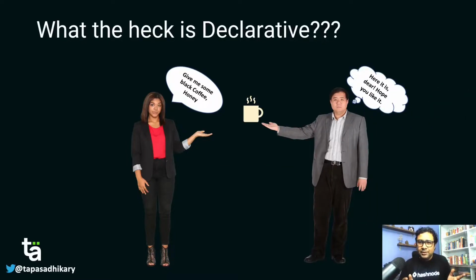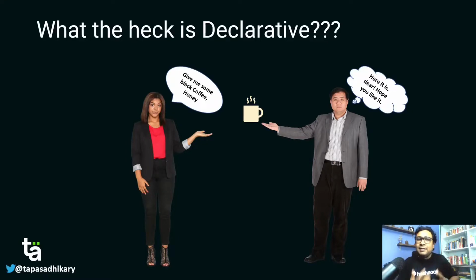Very simple story. In this entire story, Mary never explained how to make this coffee. Mary just gave an order: please make the coffee and it should be a black coffee. And John went away to the kitchen, made the coffee without any further instruction, came and delivered the coffee.